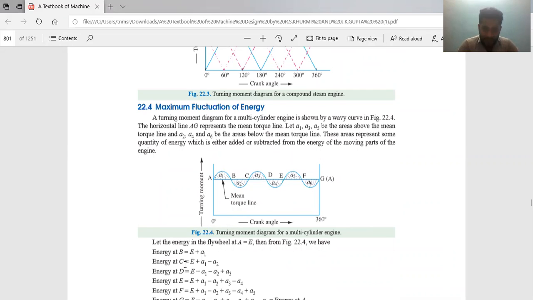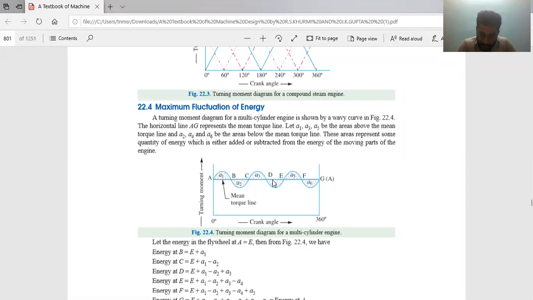After experiments, it has been observed that the pattern of the T versus theta diagram is somewhat like this. And this AG line, A to G horizontal line, which line is it? It is nothing but the mean torque line.